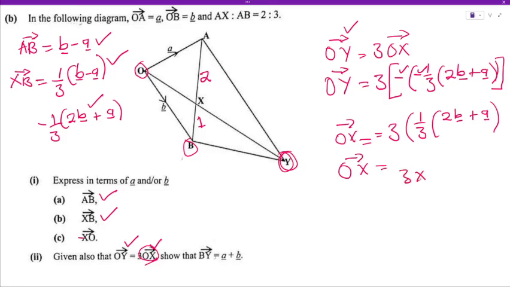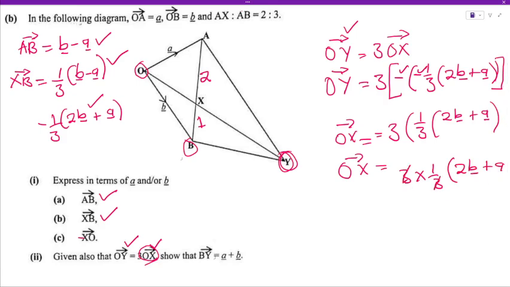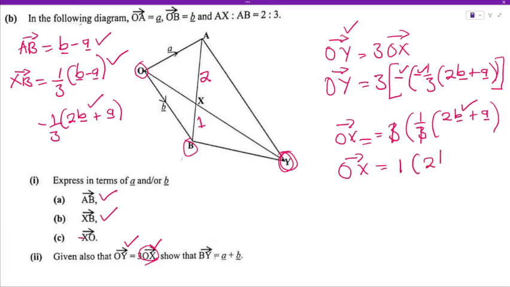So this is 3 times 1 over 3 times, in brackets, 2 vector b plus a. Here these guys can cancel, so what do we remain with? The brackets where we have these vectors, because it's 1 times 2 vector b plus a. So the actual value for OX will simply be equal to 2 vector b plus vector a.